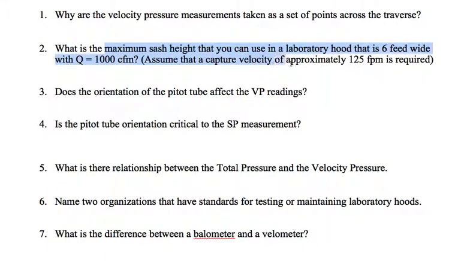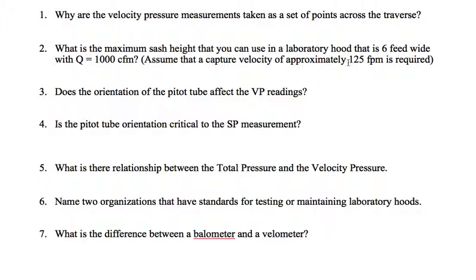What's the maximum sash height you can use in a lab hood that is 6 feet wide, with a quantity of air moving of 1,000 CFM, assuming the capture velocity is 125 feet per minute? Now, you don't have to listen to me if you want to do this problem completely on your own, but if you're struggling with it, consider this.